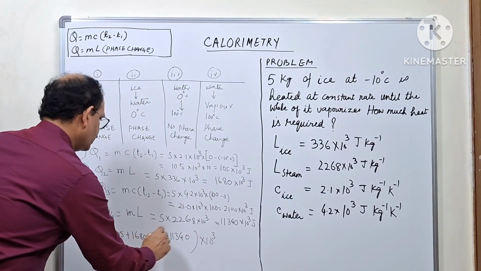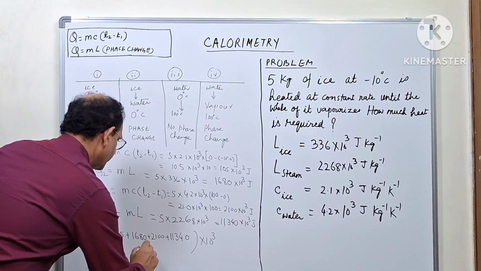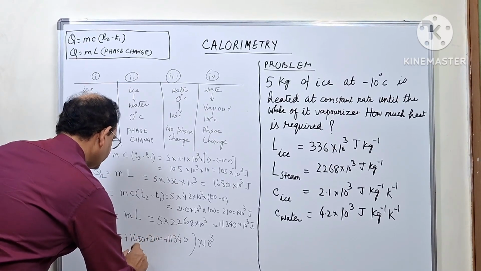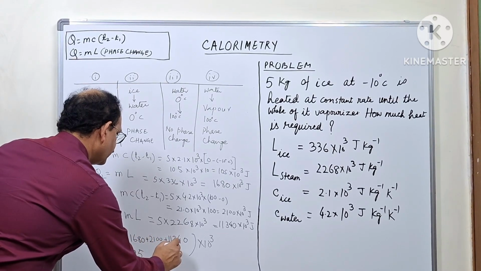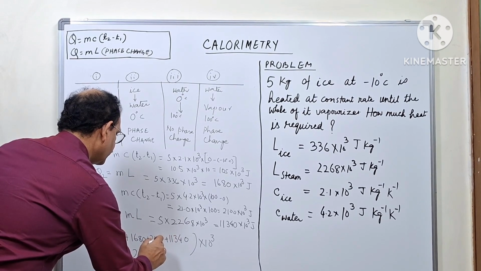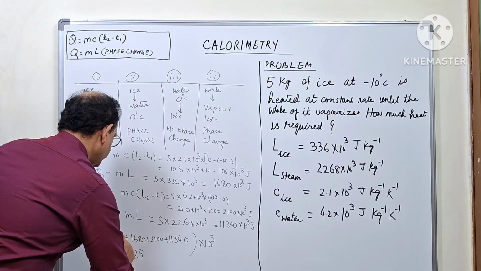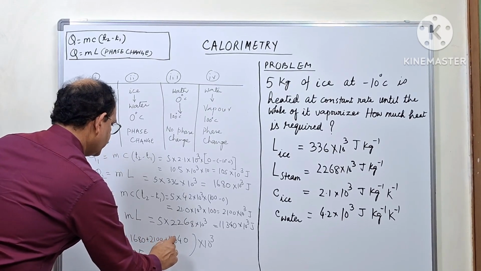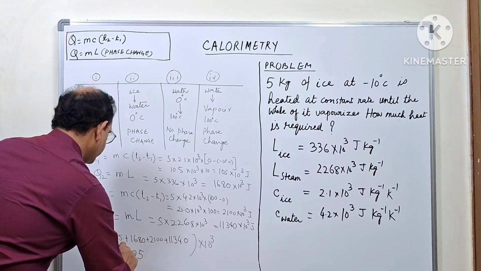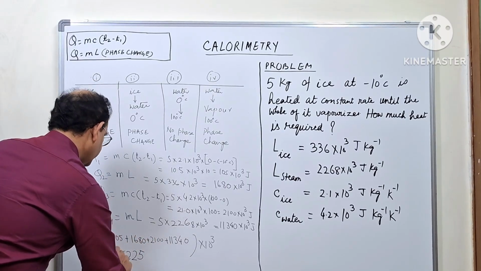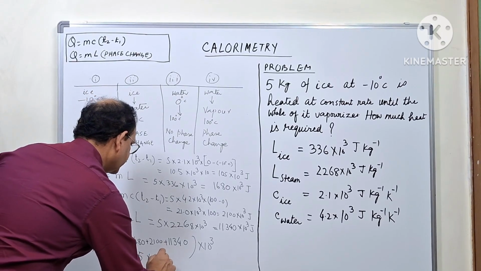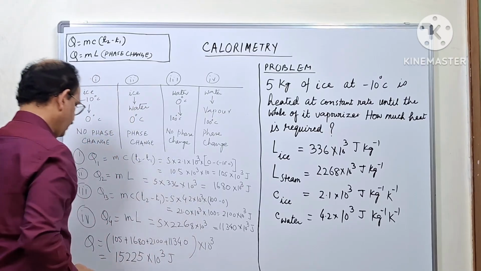This becomes equal to 15225 into 10 to the power 3 joule.